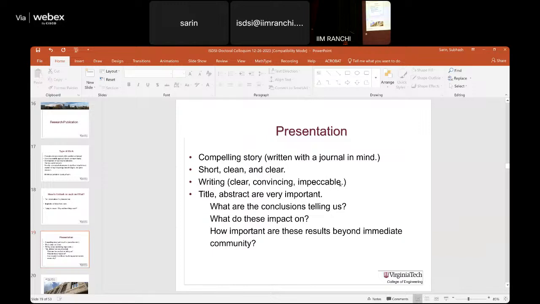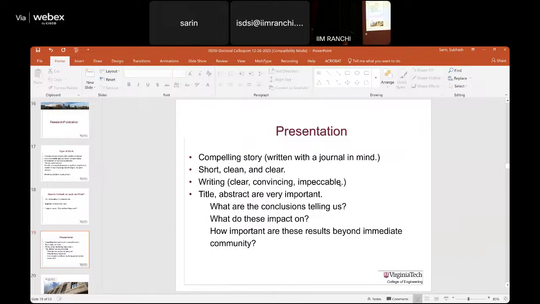There are lots of gaps. The words that you use may not be very convincing. So you come back, rewrite, read it, find faults with it, and then maybe do more experimentation, so that it becomes more convincing, clear, and impactful.